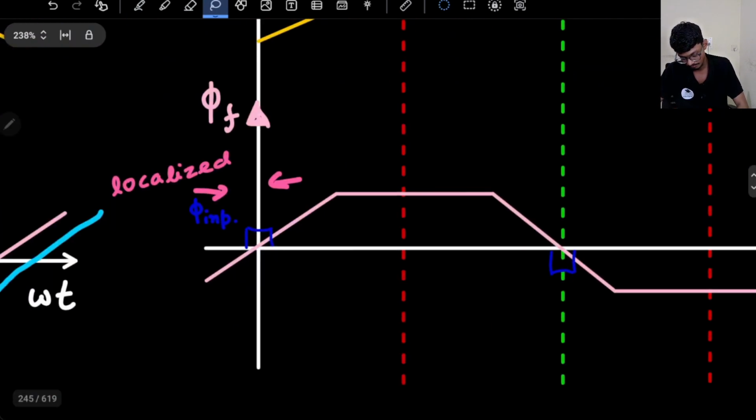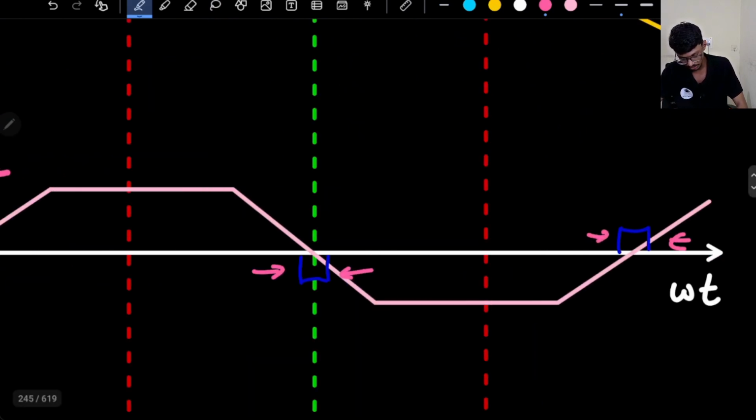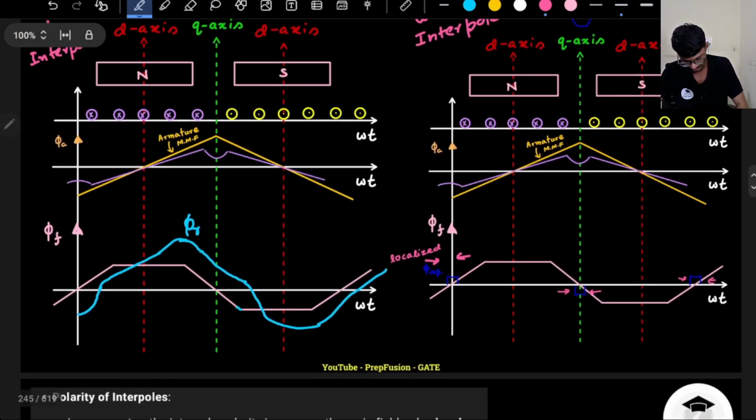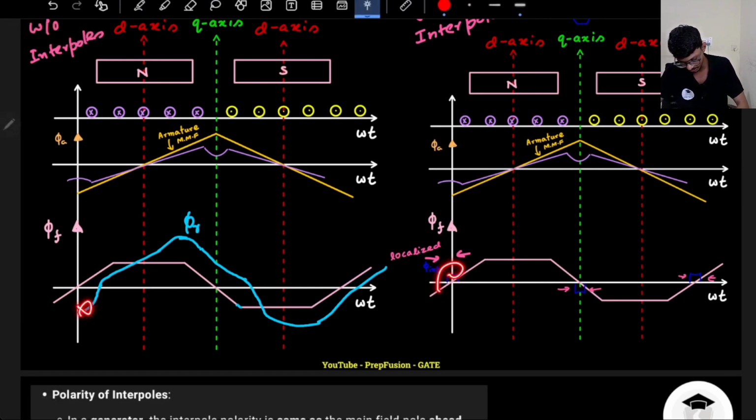These are all localized. Now if I plot the resultant, what will happen? Previously the flux was here, but I am adding something positive, so the flux will be somewhere here near the zero crossing. The rest won't change.